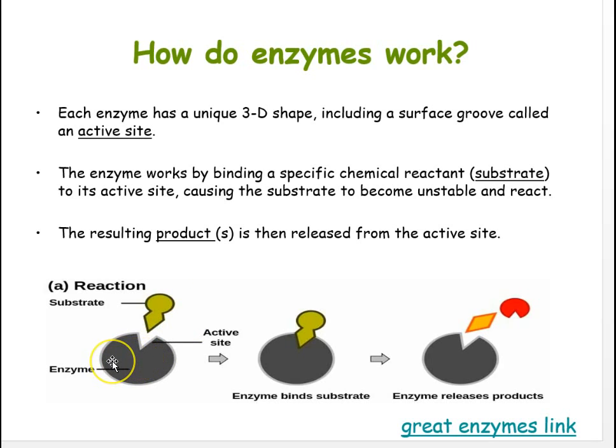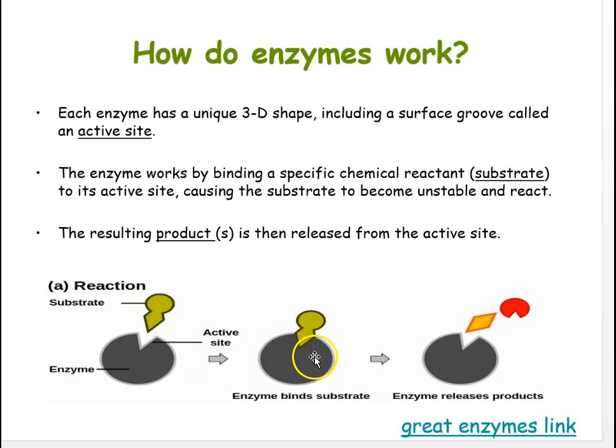Let's say that this is the enzyme lactase, and this is the sugar lactose. If you have the ability to break down lactose sugars, the sugar is floating around in your small intestines. You make this enzyme called lactase, and that's the only thing that can fit in this enzyme.